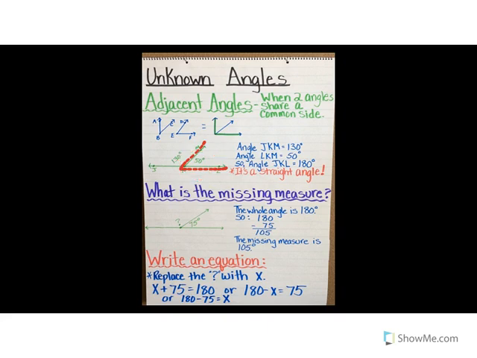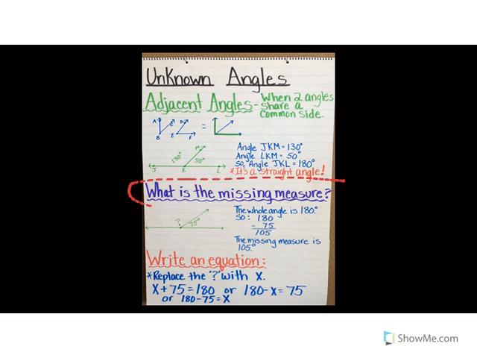Those are adjacent angles because when we put them both together and add them up, they equal 180 degrees. So they both share these common sides right here, okay? 130 plus 50 is 180. So there's another example.